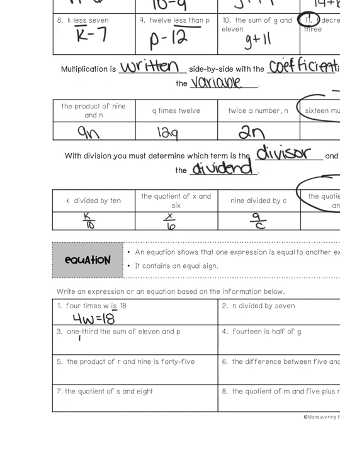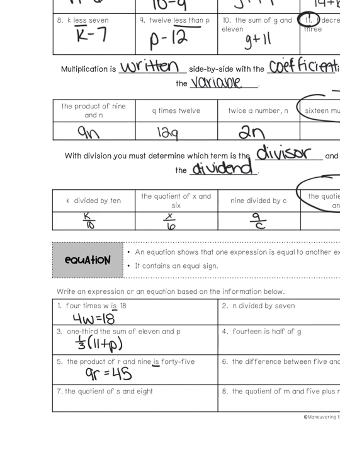So 1/3 times the sum of 11 and p. When you're taking a fraction of something, you're multiplying that fraction by what it is. So 1/3 the sum means I'm multiplying 1/3 by those two things. The product of r and 9 is 45. So 9r equals 45.